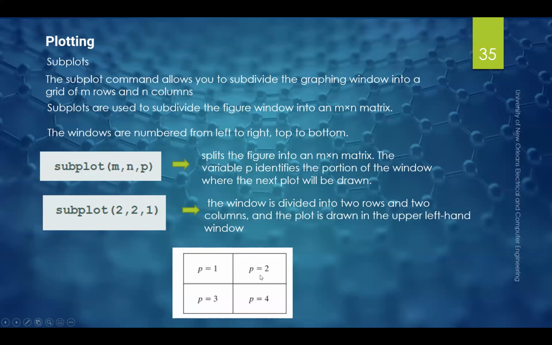Each of these windows will be a plot. So in this case, we have 2, 2, 1, again, meaning you have 2 rows, 2 columns, and the plot is drawn in the upper left-hand window. So if I'm using this command, the plot that I'm going to plot is going to be plotted on this window because that's number 1.